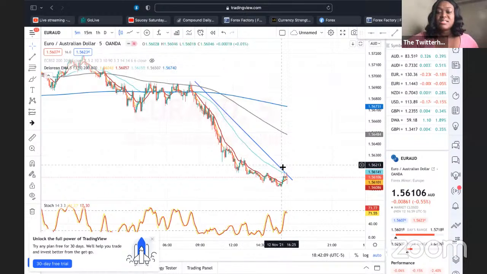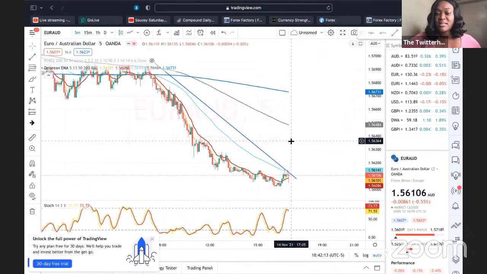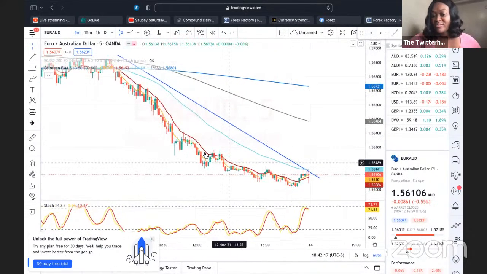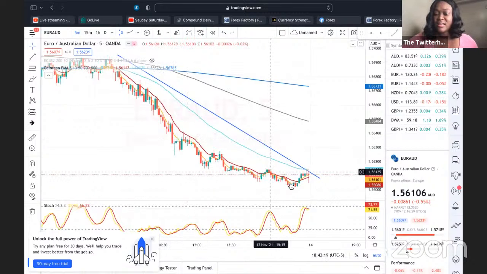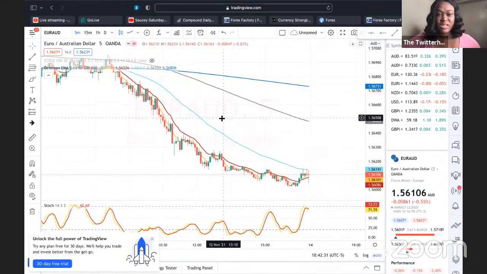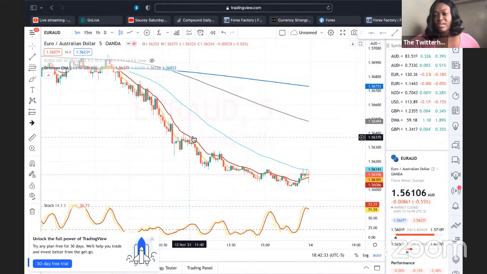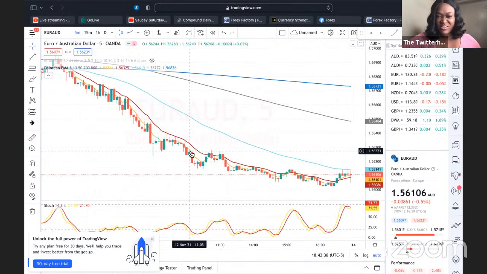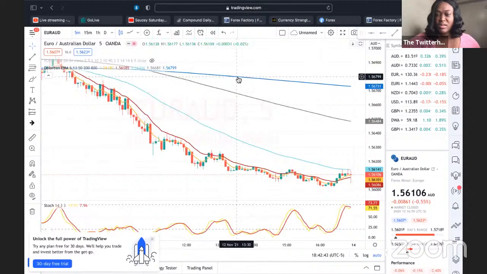And when price is trending down, you want to see the EMAs above the candles, right? And the positioning is yellow, red, aqua, gray, blue. That's how you want to see it. Okay. So here is an example. Yellow, red, aqua, gray, blue.